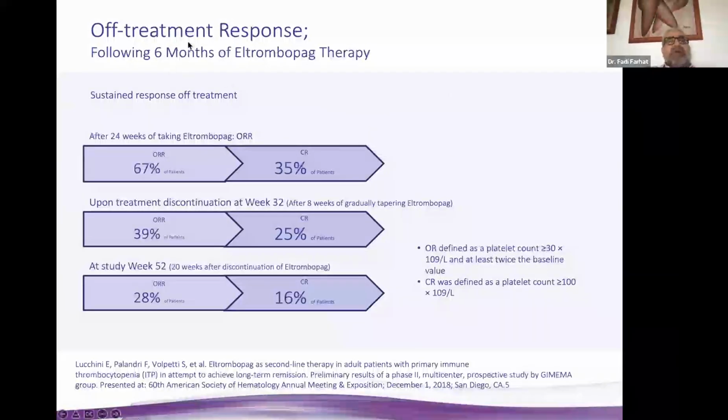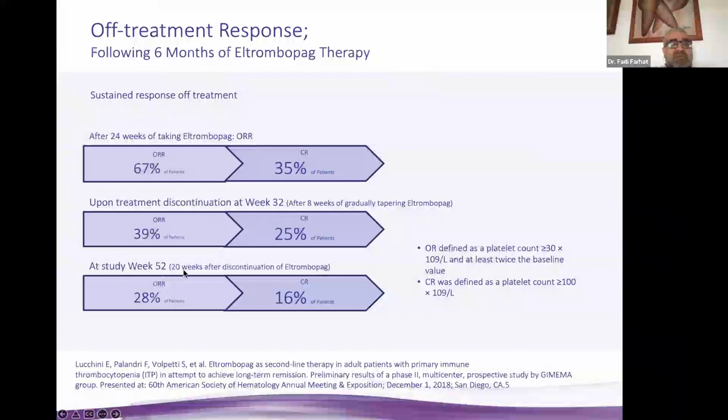And following 6 months of L-Thrombobag therapy, after 24 weeks of taking L-Thrombobag, the response rate was 67% and 35% complete remission. Upon treatment discontinuation, 39% and 25% after gradually tapering L-Thrombobag.